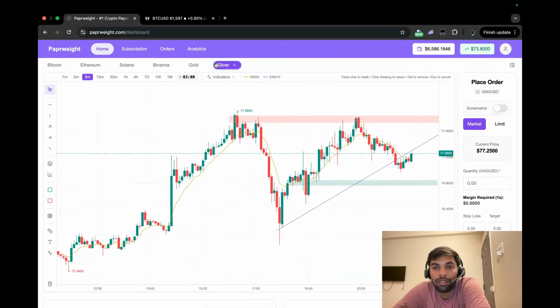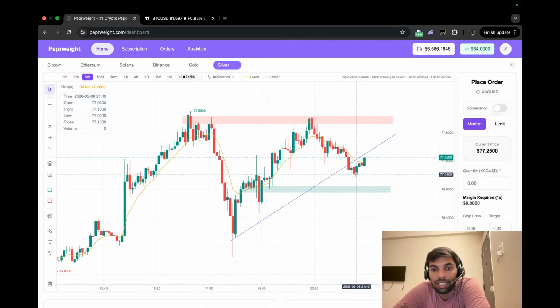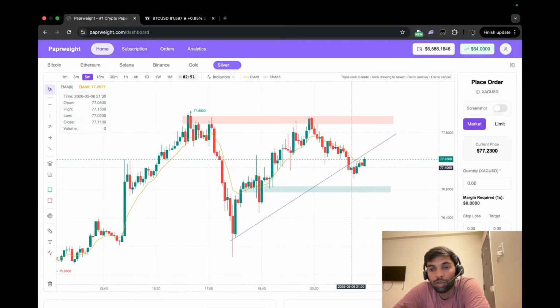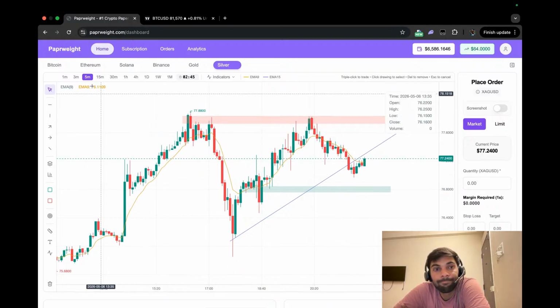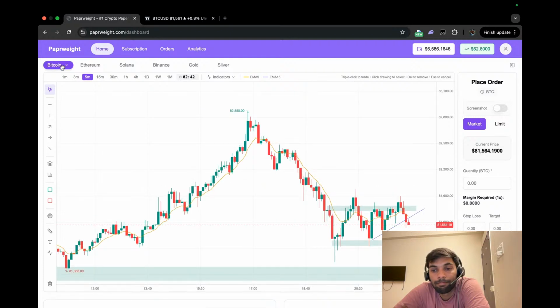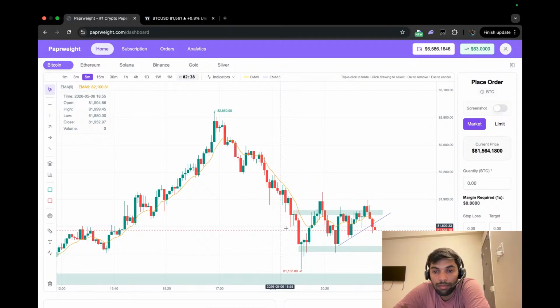Guys, what happened to silver? Why are you creating dagabaji, guys? So this is reversal, so this is where most of the sellers can get trapped if this crosses here. Oh, Bitcoin has crossed this trend line.